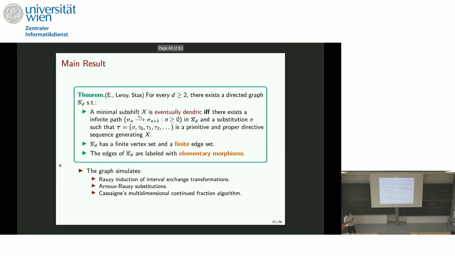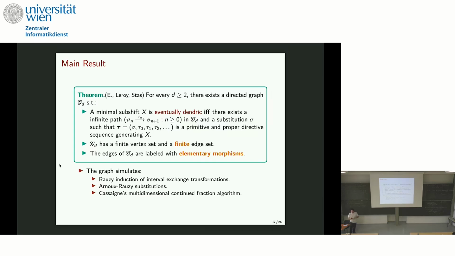I'm going to present first the theorem, and then I'm going to give some comments. So this is what we got. It's very similar to what we had before, but there are some important differences. Again, for any alphabet we have a directed labeled graph G_D, in which any minimal subshift is eventually Dendric.